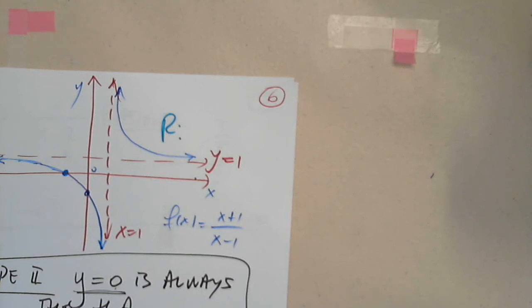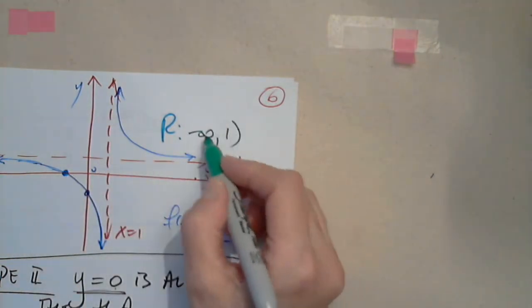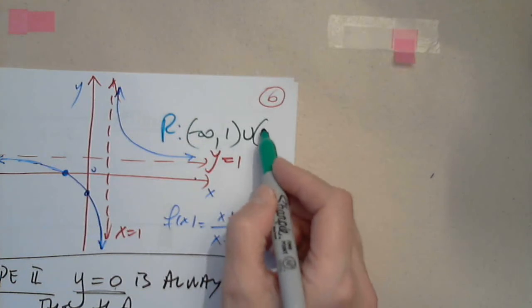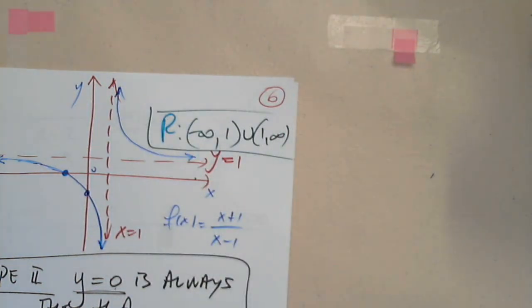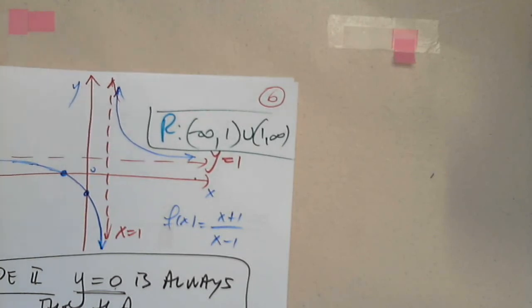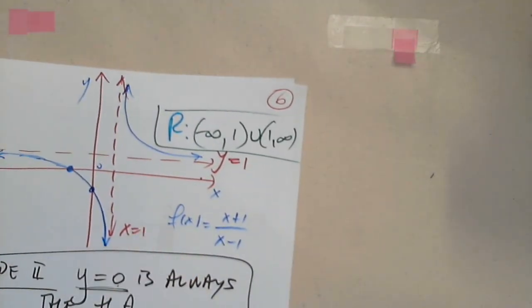Anyone? Is it negative infinity to 1, union? Very good. Okay. Thank you very much. Excellent. Great job. Okay, perfect. Any questions here?